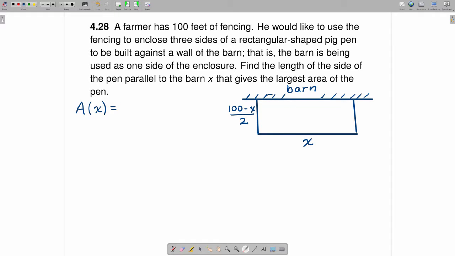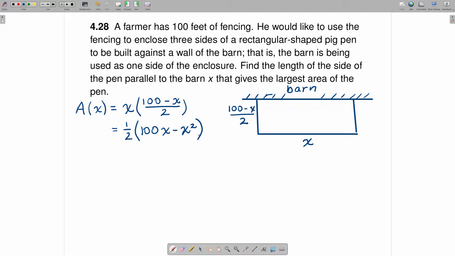So you have X multiplied by (100 minus X) divided by 2. The 1/2 can be pulled out front, and when you do so, you get 1/2 multiplied by (100x minus x squared).